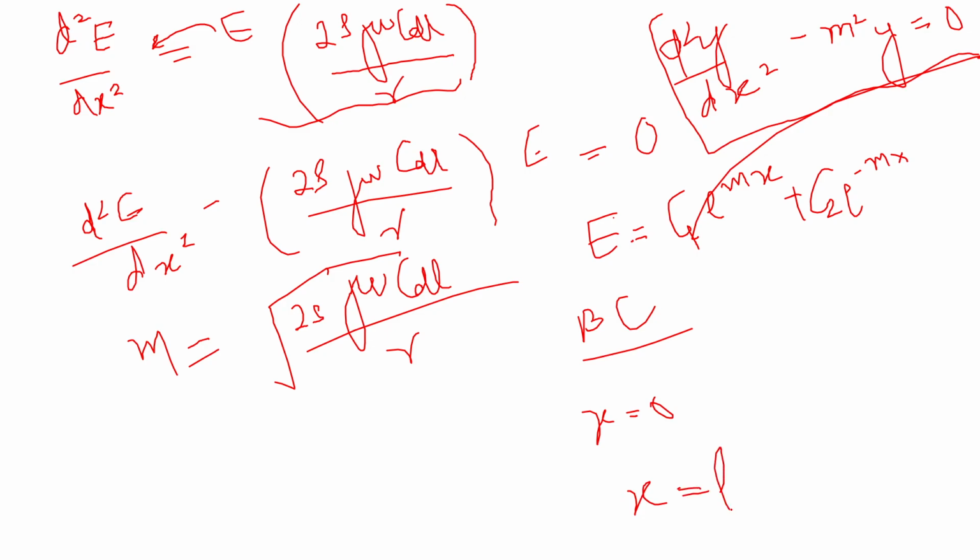At x equal to 0, you apply the potential E equal to E SC naught, and across the pore there is a deterioration of the potential. At the end, no reaction is happening, so dE by dx is equal to 0. These are the two boundary conditions that you apply.